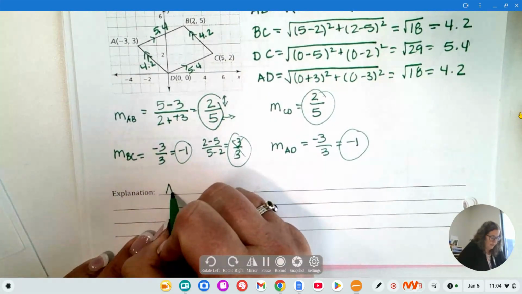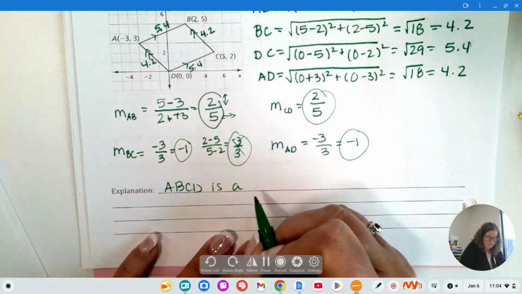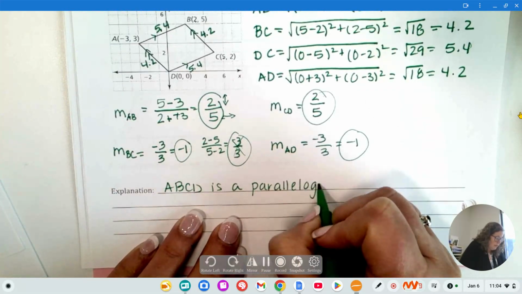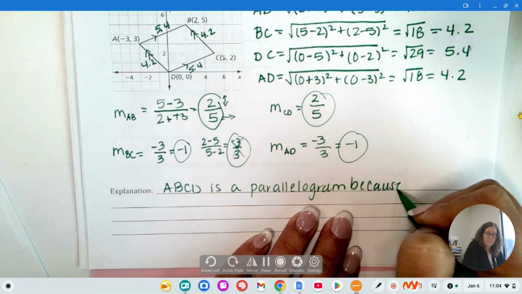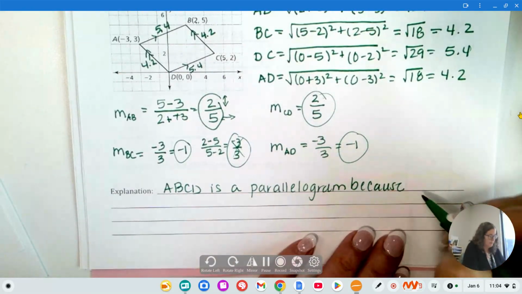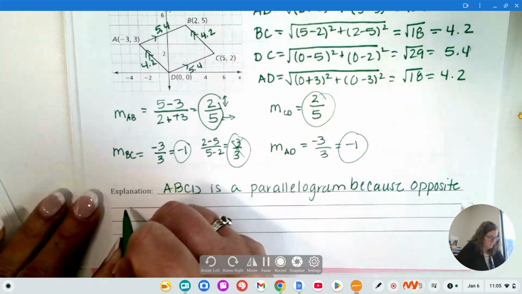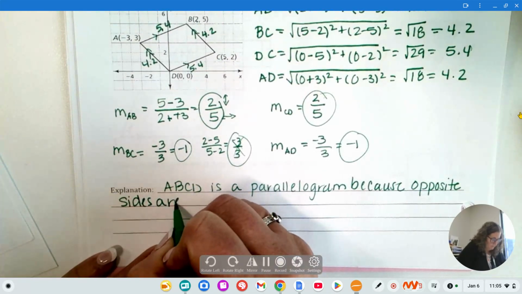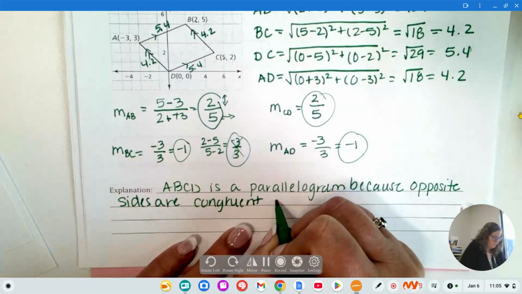So I'm going to write that ABCD is a parallelogram, okay? And then I'm going to write the word because, I want to make sure that we are touching on the fact of why, okay? Because opposite sides are congruent, and opposite sides are parallel.